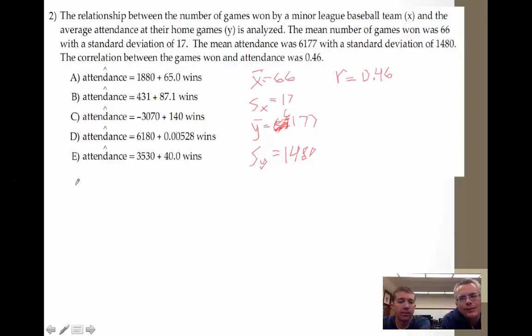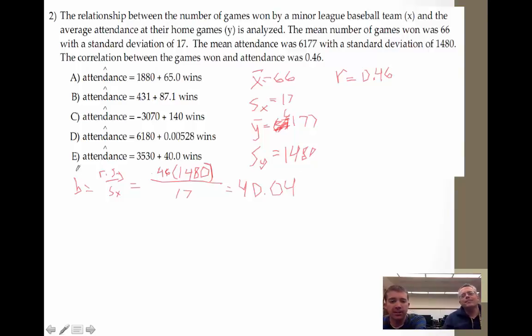So B equals R times S sub Y over S sub X. So 0.46 times 1480 divided by 17 is 40.04. We have a winner. Is it the same letter we did the last time? E. Yes, it is.